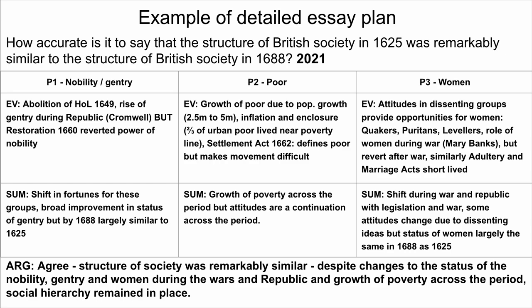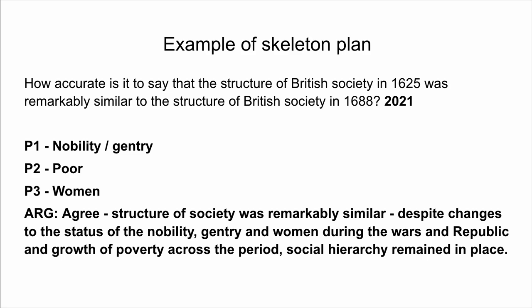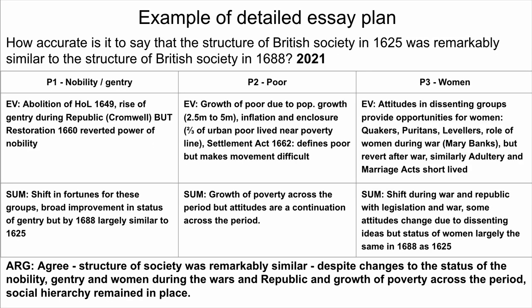I'm not going to talk through all this, but 3 examples per paragraph, and I've got a summary for each paragraph. So my advice for revision would be that ultimately what you want is detailed essay plans like this for every past question. But if you don't have time to do that, then the skeleton plan is enough to give you a sense of what the past questions look like and how you would approach them. This is the ultimate goal, which is the next step.